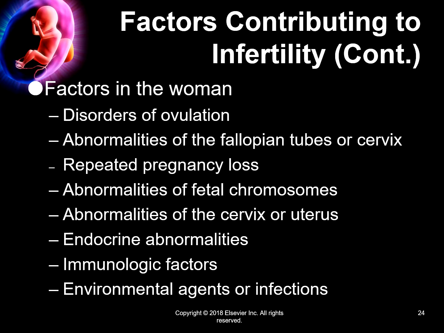Immunologic factors are implicated in some cases of recurrent pregnancy loss, and some of these include systemic lupus erythematosus, or SLE, and women with it are more likely to experience spontaneous abortions.